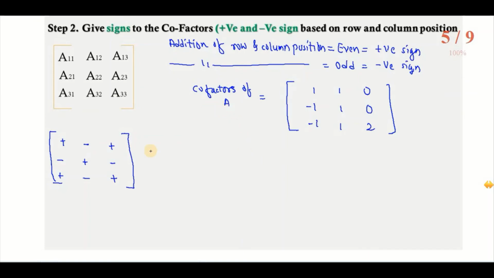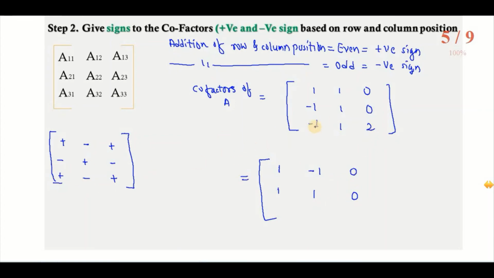Now based on these signs, the cofactor of A will become, when we give this sign: 1 positive, so this will be 1 only. Minus for this position, so 1 minus 1 becomes... so 0, as it is. Then minus becomes plus 1, then plus 1 0 as it is.